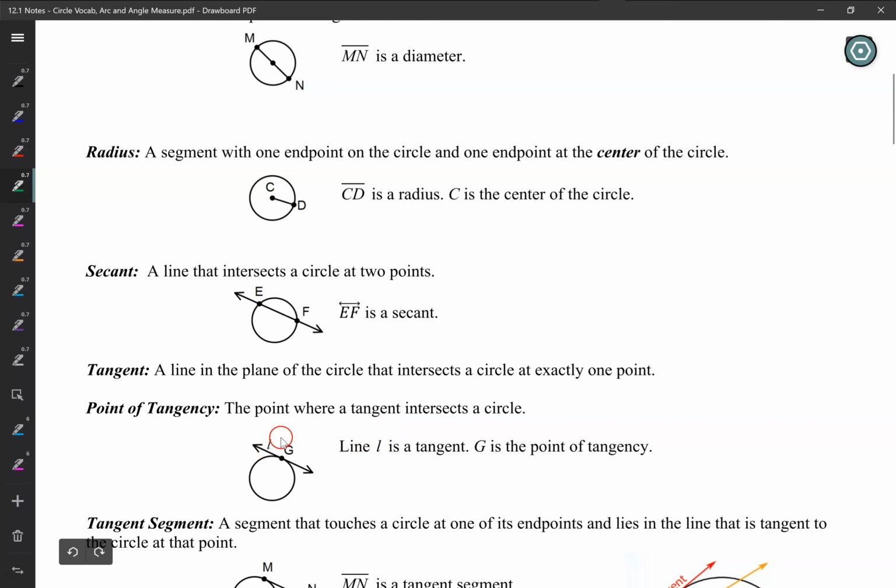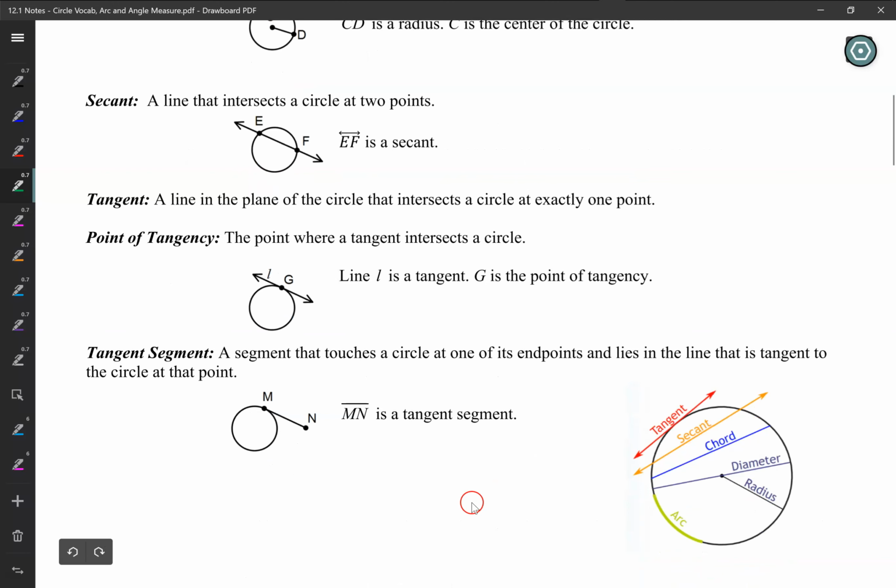So this could be named line L, or if I had another point down here, maybe it could be named line GH with a double arrow. And the point of tangency here is G. Now, sometimes we're only interested in a part of that tangent line, specifically a part that goes from the point of tangency to another point. That's called a tangent segment.